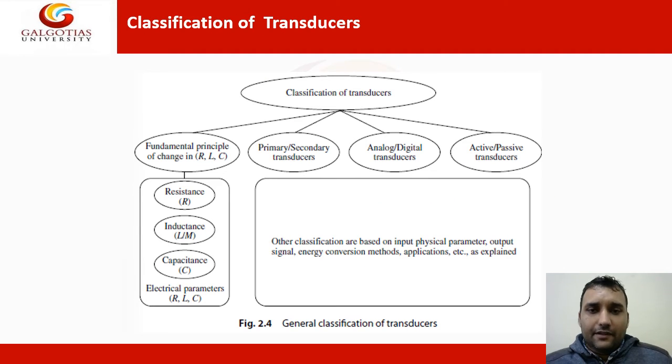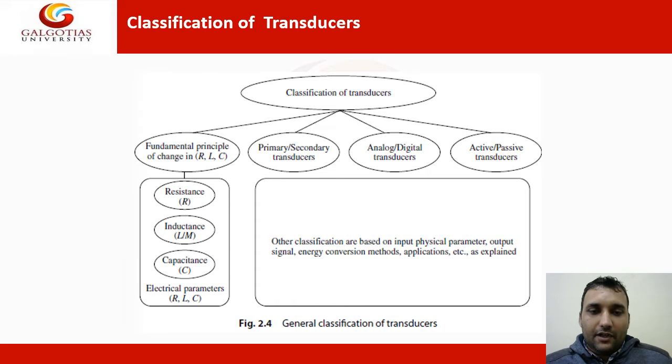Transducers are broadly classified according to the fundamental principle of change, that is RLC: resistance, inductance and capacitance. Then there are primary or secondary transducers, then analog or digital transducers, then active and passive transducers.